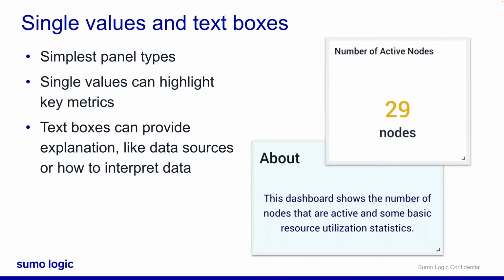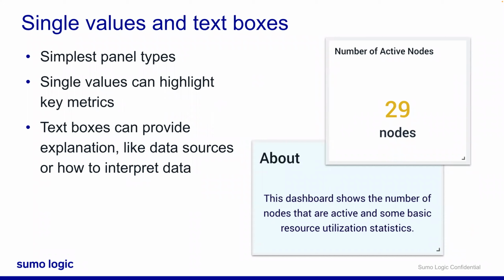All right, so as far as different panel types and things like that, you saw some of these as well while poking around. For example, the most basic panel types are going to be the single values and really just text boxes. The single value, as we see on the top right here, is going to display a metric, usually a count of data, a number of errors, a number of active nodes, as we see here, some other single number, not single digit, but single number.